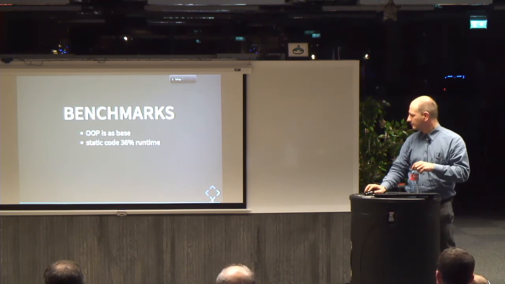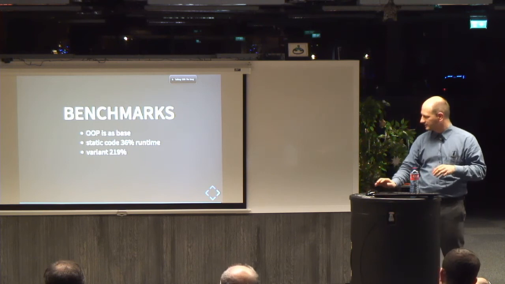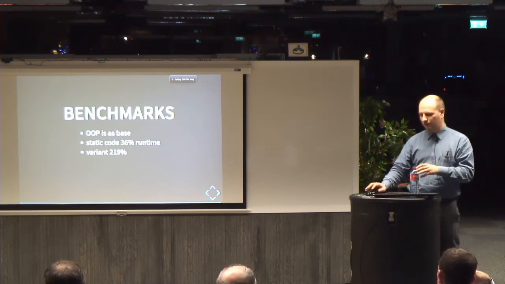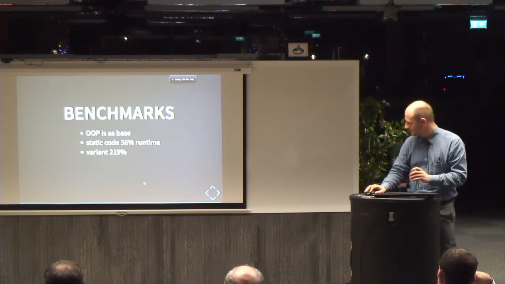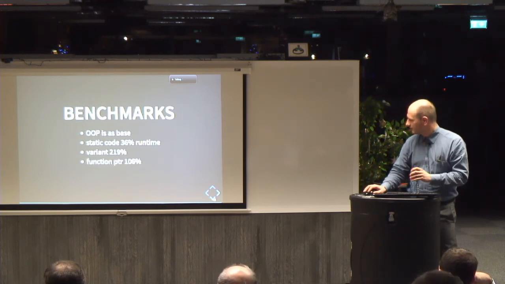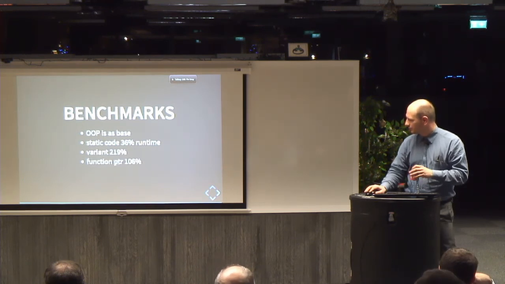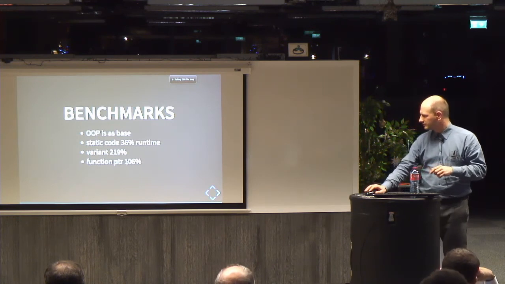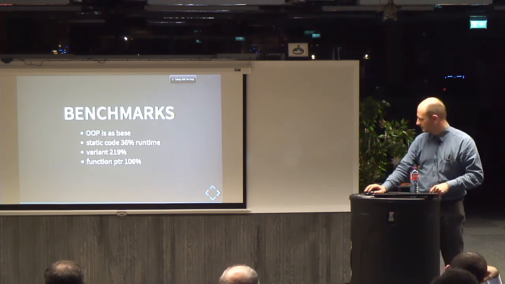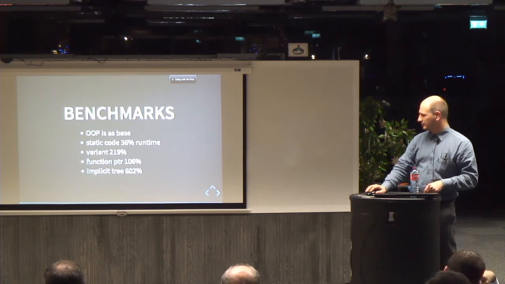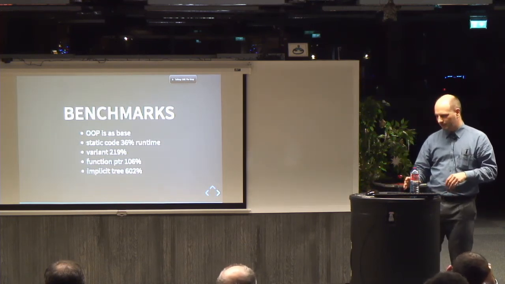So the boost variant was slower than the object-oriented programming code. The function pointer implementation was the same, in comparison to object-oriented programming, and the implicit tree was 6 times slower.